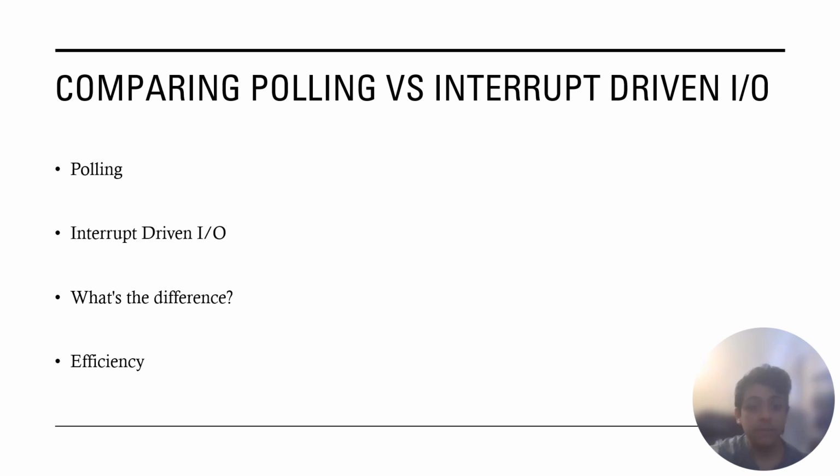With an interrupt-driven input-output, the device sends an interrupt signal to the CPU only when it requires service, allowing the CPU to perform other tasks in the meantime. So, the efficiency comparison between the two is that an interrupt-driven input-output is more efficient because it eliminates unnecessary CPU usage, while polling can be inefficient as it constantly checks devices even when no action is needed.